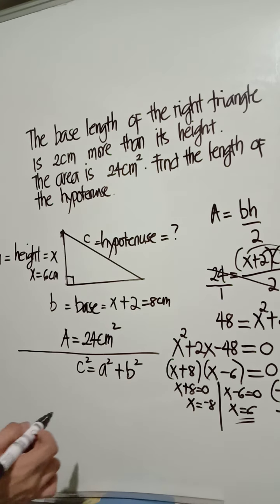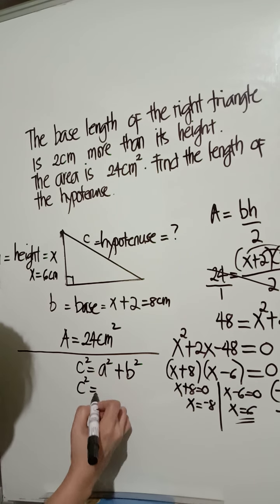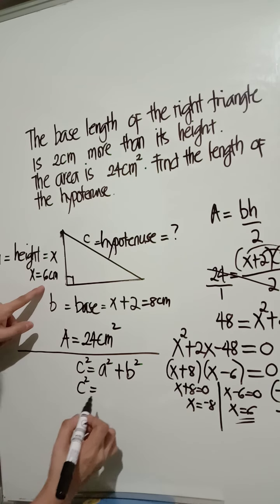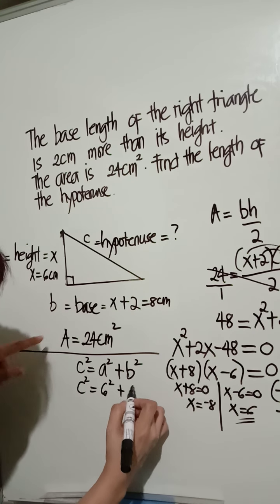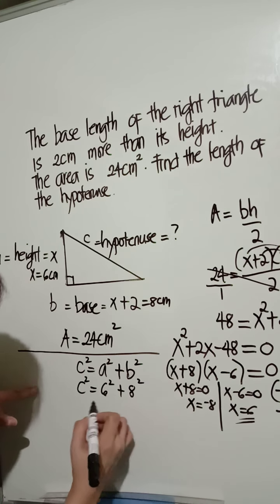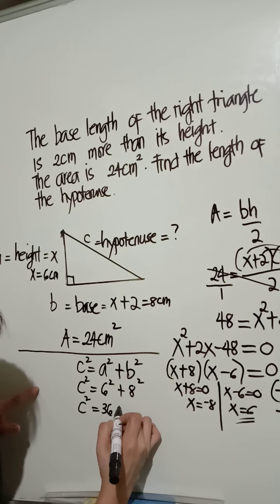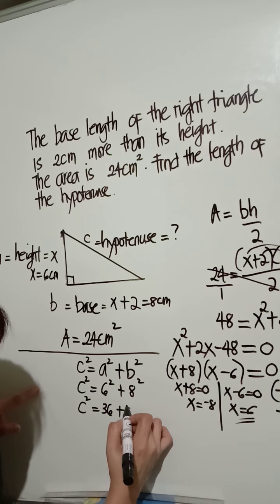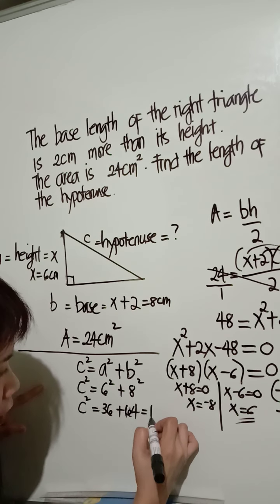So let us substitute now, class. C is the unknown. What is the altitude or the height? It is 6 squared. Plus, what is the base? We got 8 squared. So, c squared is equal to 6 squared is 36, plus 8 squared is 64, and the sum is 100.